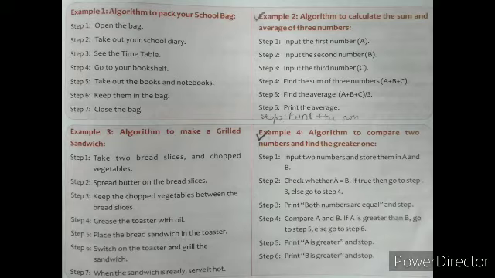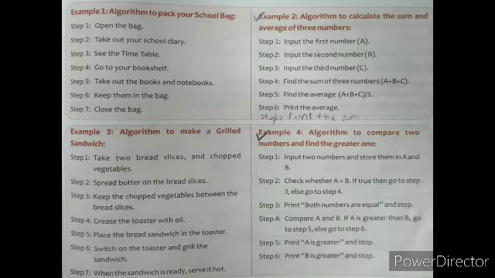Number 5, take out the books and notebooks. Number 6, keep them in the bag. Number 7, close the bag. So finally you have packed your bag. You can call this your algorithm to pack your bag, which we do every day while coming to school.